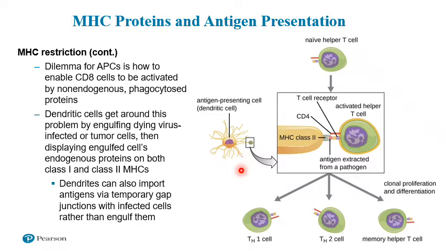They engulf them, and then they digest the antigen, and they display bits and pieces of the endogenous proteins on both the class 1 and class 2 MHCs. The dendritic cells can also import antigens via temporary gap junctions with infected cells rather than engulfing them. And that's really neat.